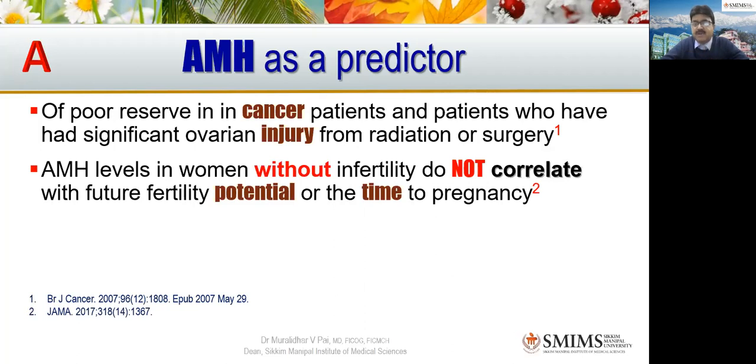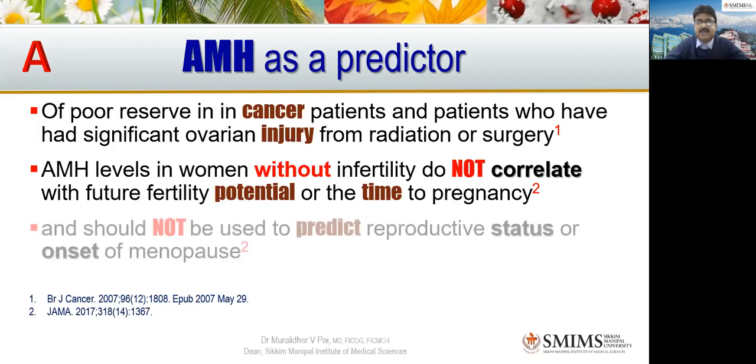And if you do AMH in that person, so-called normal person in inverted commas, it doesn't talk about when she's going to become pregnant and whether she has got a fertility potential and all those things. In an infertile patient, it is very important. It talks about ovarian reserve, function, prediction, this and that. But in a non-infertile person, it is not useful. That's the meaning of this sentence.